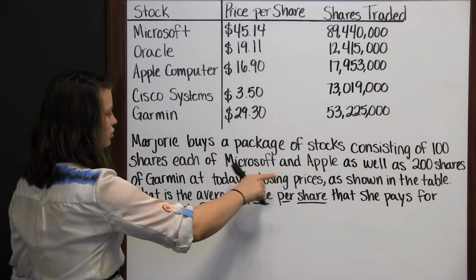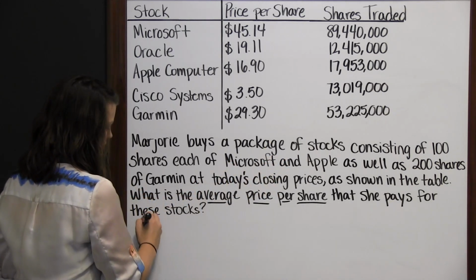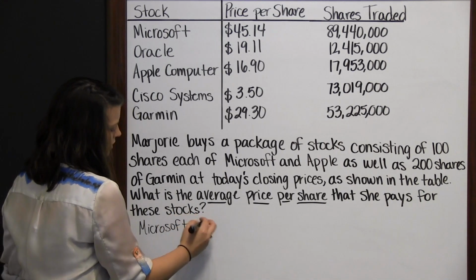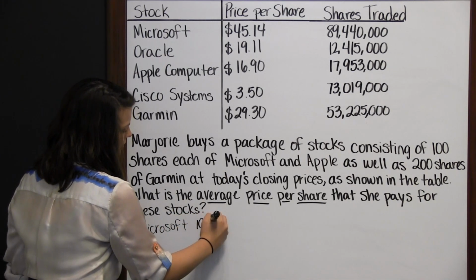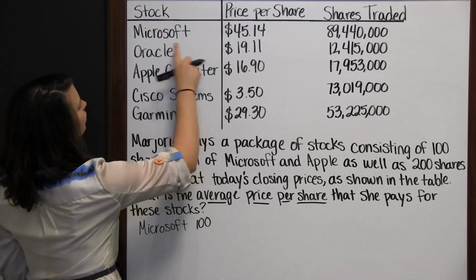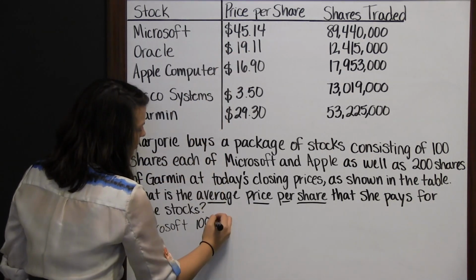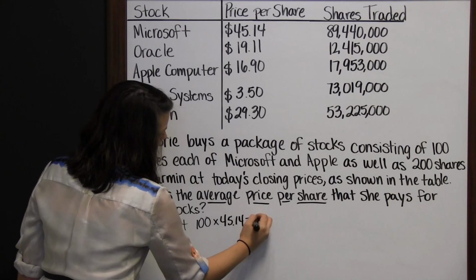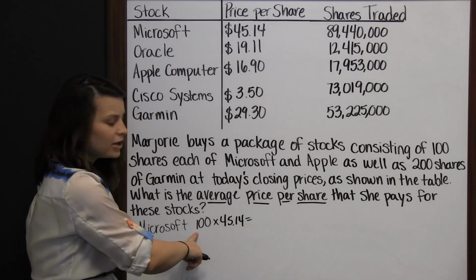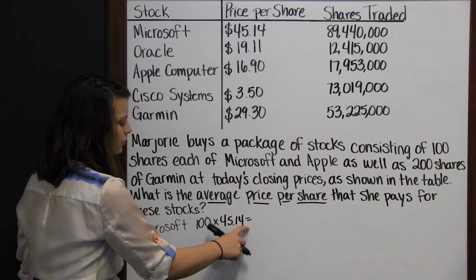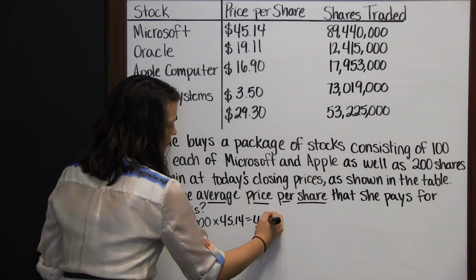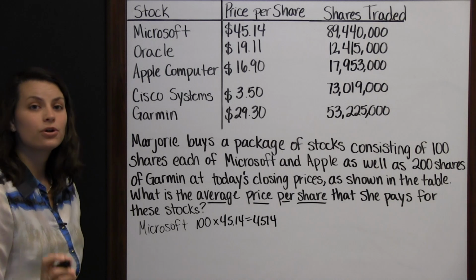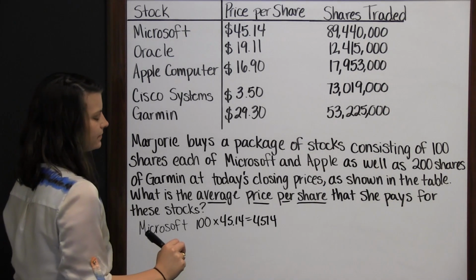So first I'm going to figure out how much money she spent on these shares. So she got 100 shares of Microsoft. She bought 100 shares for $45.14 each. So times 45.14. And multiplying by 100 just means you move that decimal 2 places to the right. So it's $4,514 that she spent on her Microsoft shares.